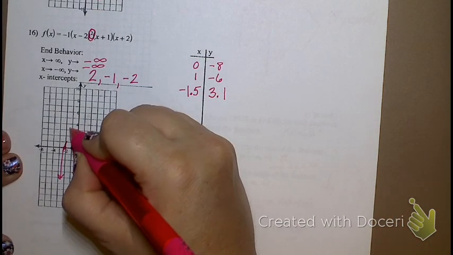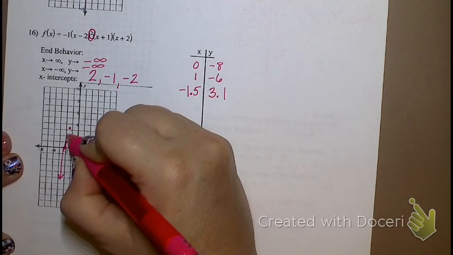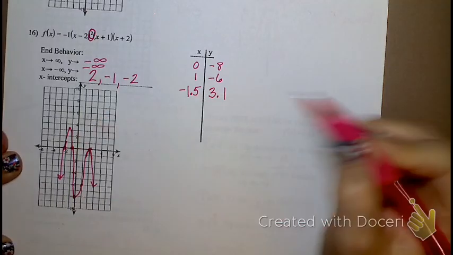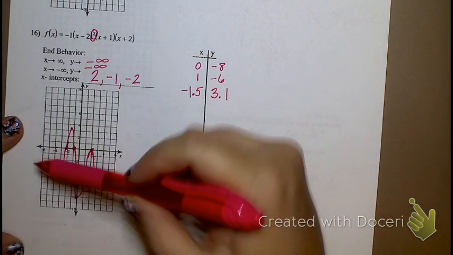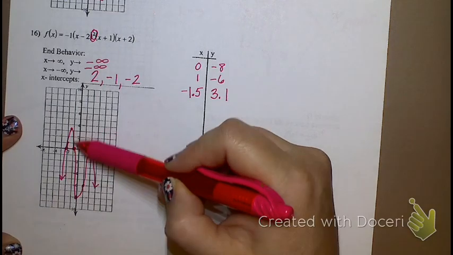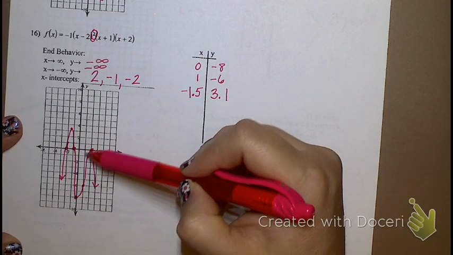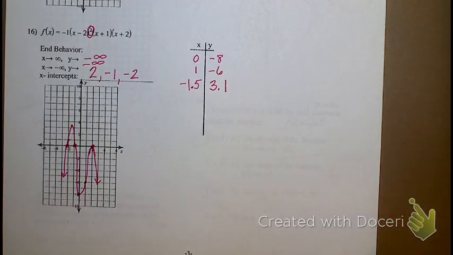So I put that value in there, and that actually goes up kind of steep right there, and then I just connect it down. So my entire graph goes up really tall there, down, and up. Okay, any questions? All right, that's the end of that guy.